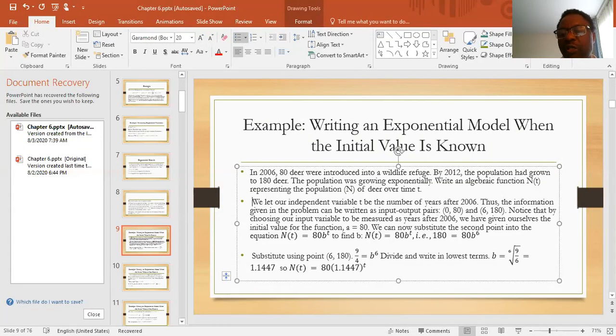Solving this equation gives us that b is the sixth root of 9 over 4, that is the sixth root of 9/4, which is 1.1447. So the formula for the growth of the population of deer at time t is 80 times 1.1447 raised to power t.